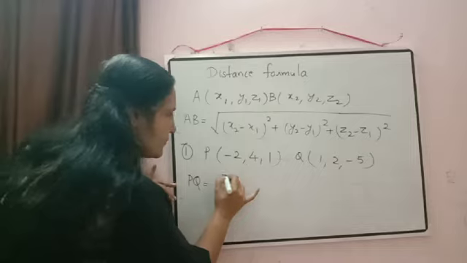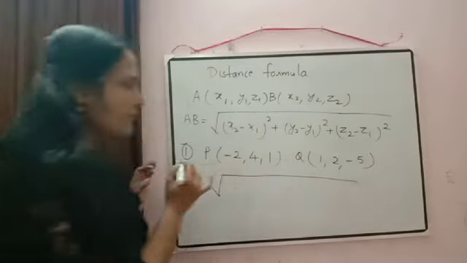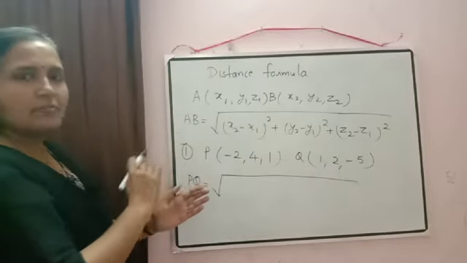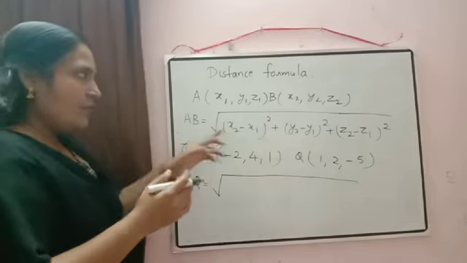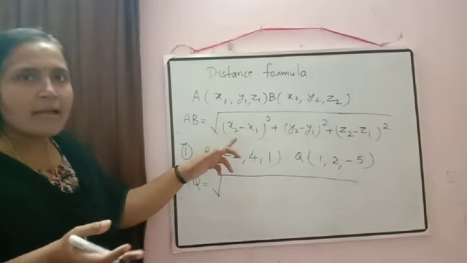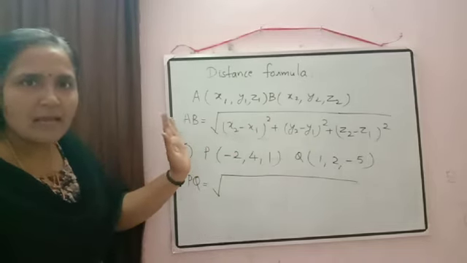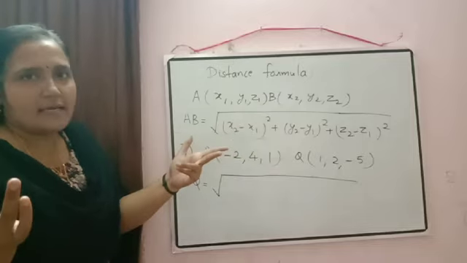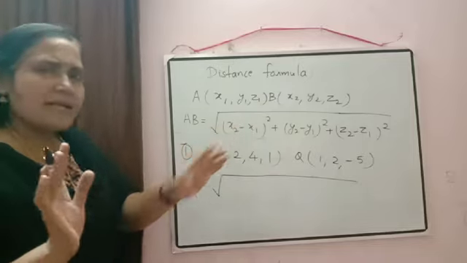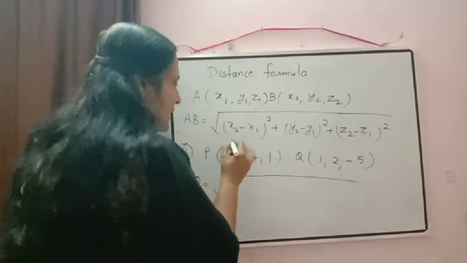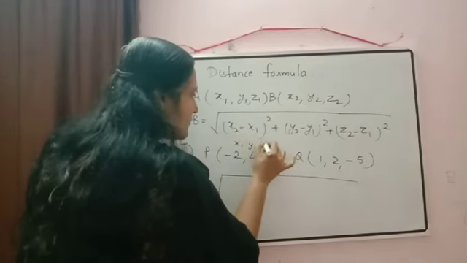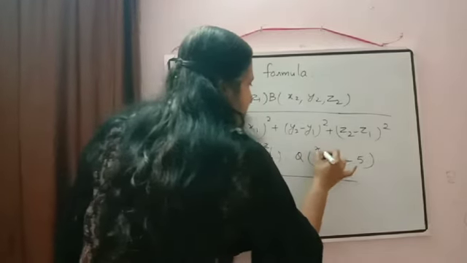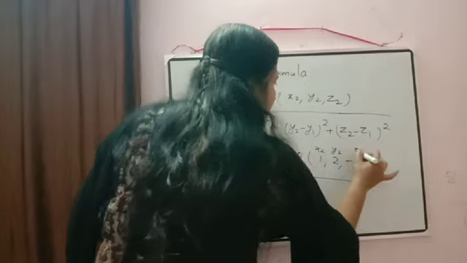PQ is equal to square root of, what is the formula? x2 minus x1. If you want, you can rewrite it as x1 minus x2, no problem, because the whole square is there. First, this one we take as x1, y1, z1 and this one as x2, y2, z2.